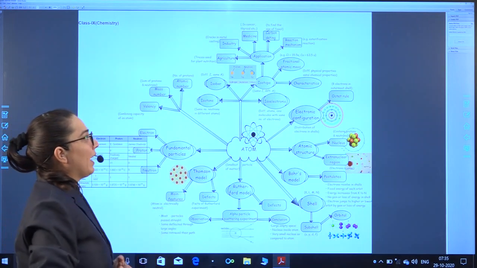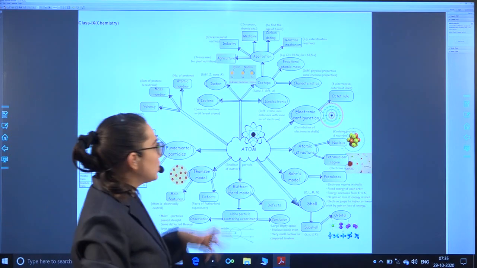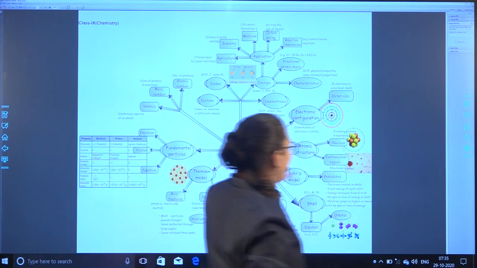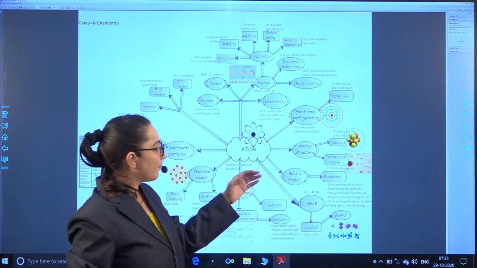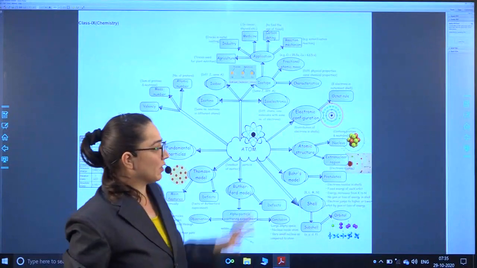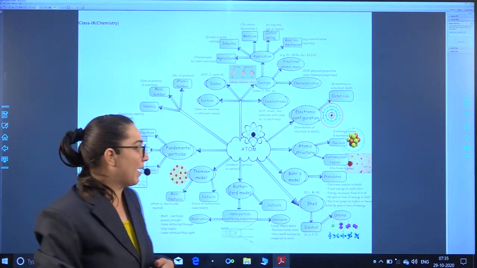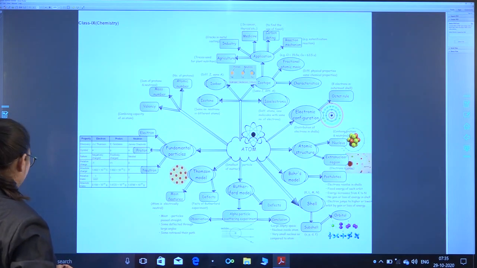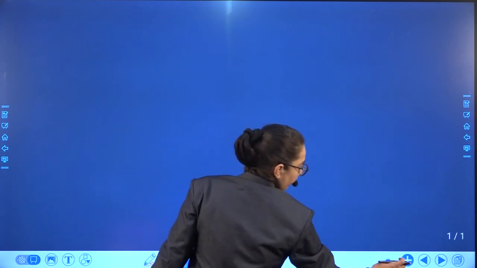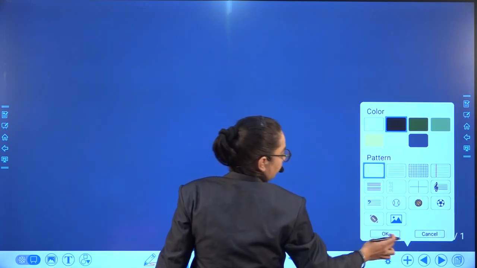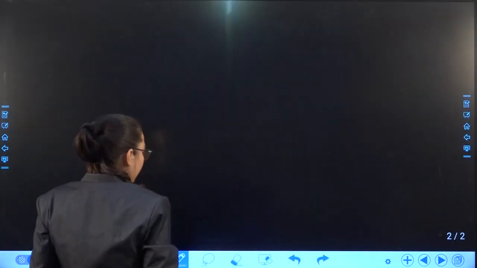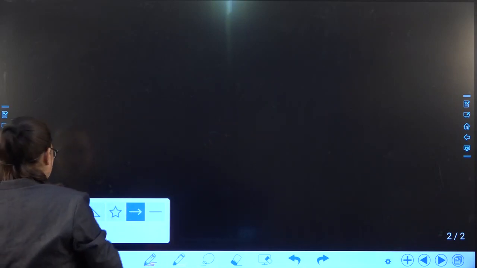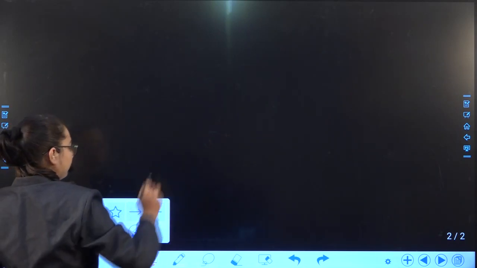If we talk about atom, then first of all the basic thing we need to know is the atomic structure. How is the atom actually like? If we talk about the actual appearance of the atom, actually atom is somewhat something like this.